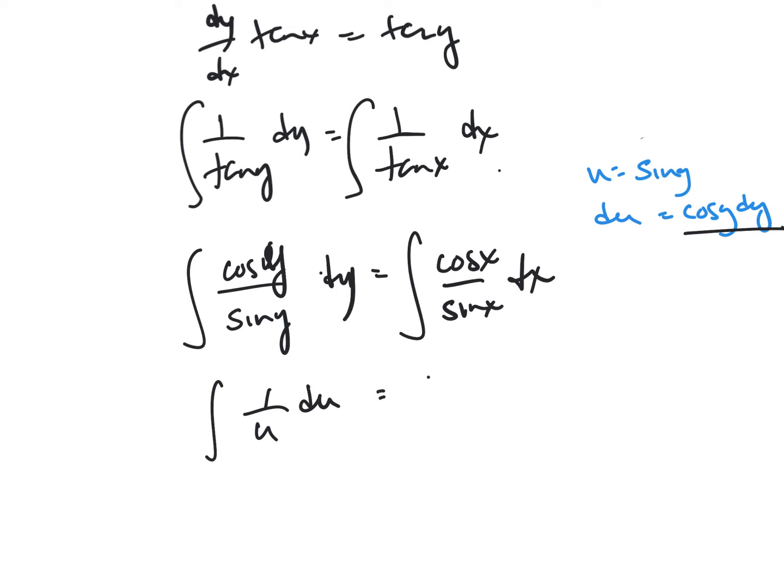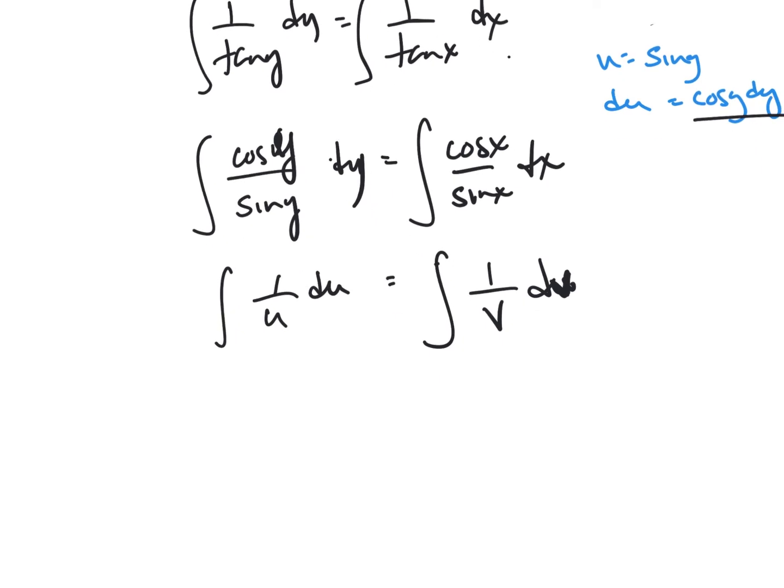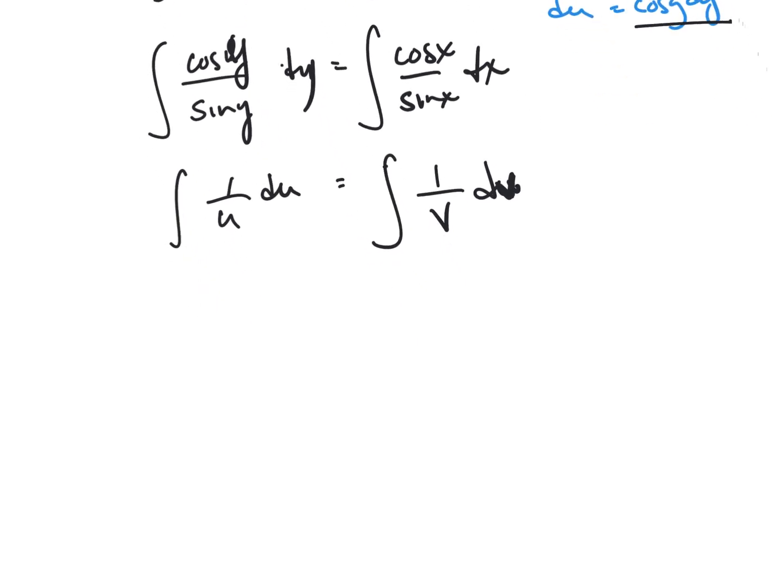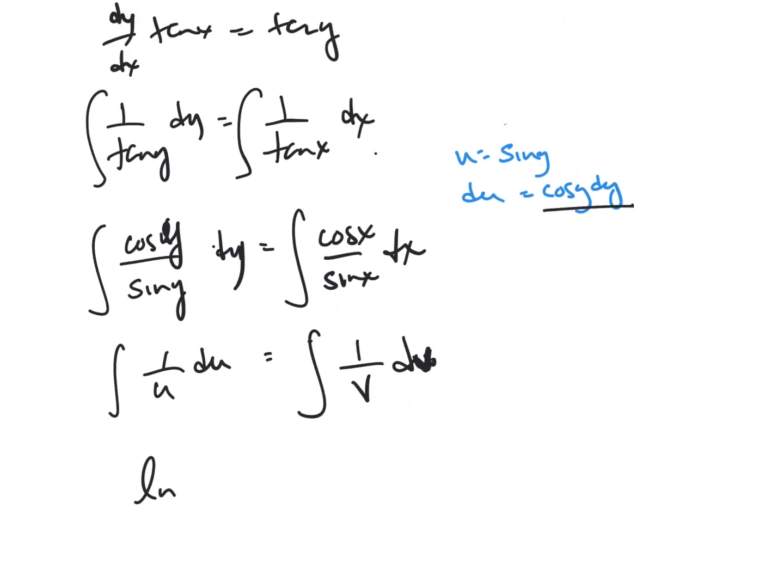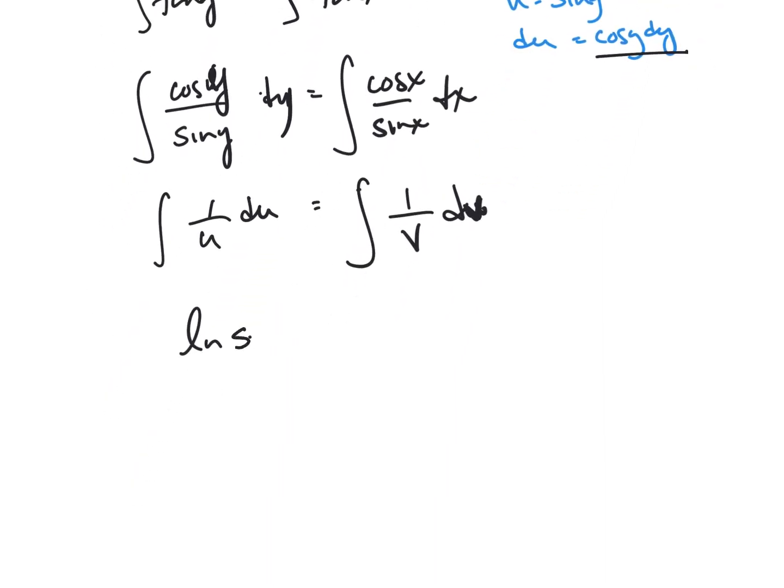Similarly, I can say the same thing with v dv, not using u because I know it's not exactly the same. So when I integrate this side, I get ln u, which I know u is sine of y. Sine of y is equal to ln sine of x plus c.